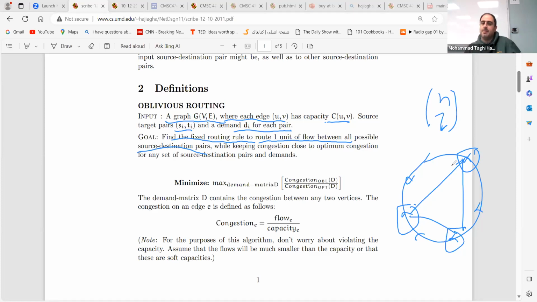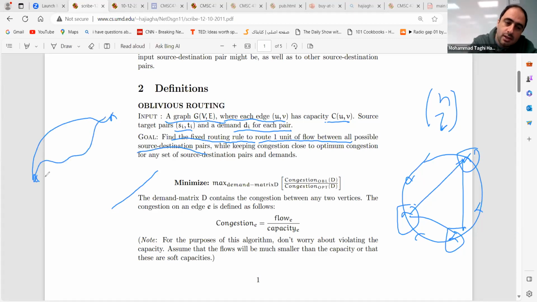So what is the idea? Here I have one unit of flow. This is the routing problem. In the oblivious network design, as I mentioned, because of subadditivity, you could say that we can always send it through one path. Here, it is not the case. This is a flow that we are sending, and you may send it through different paths.